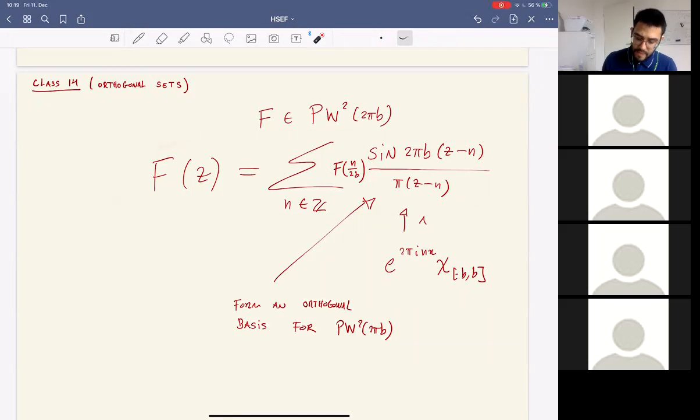Okay. So what we will see today is an analog of this formula, but in a general de Branges space. And you will see that it's very similar, and we won't be using any kind of Fourier transforming. Here we used the Fourier transform.